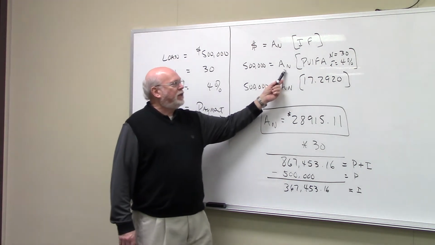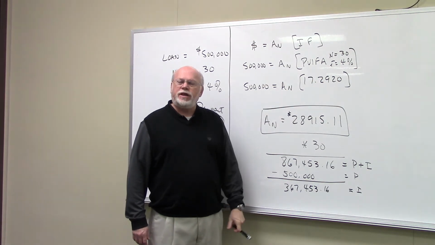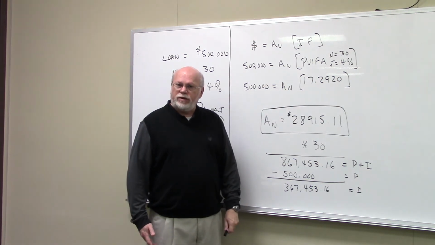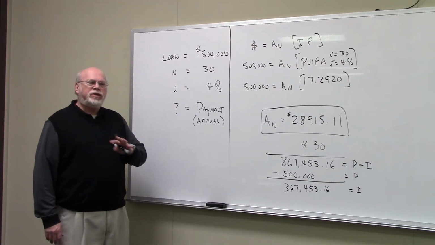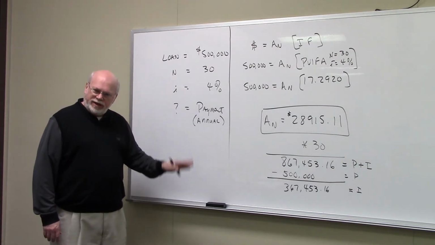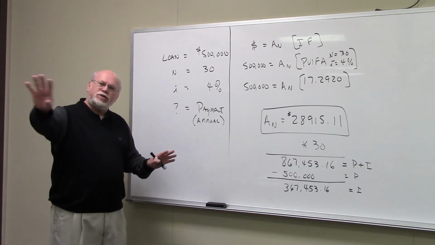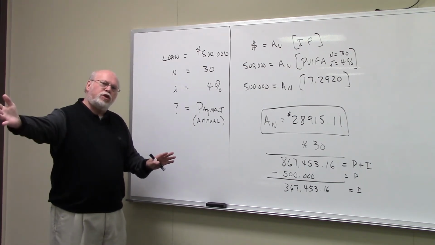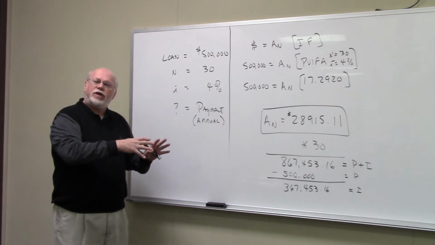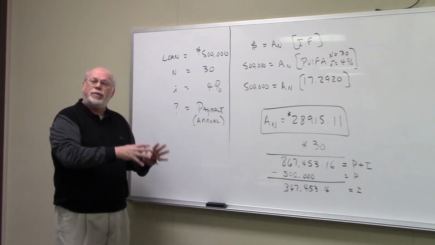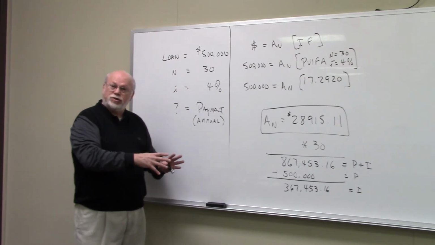And if you multiply the annuity times the appropriate interest factor, which in this case is PVIFA. Why is that? Because you get the $500,000 today, and the annuity goes out into the future. So the annuity would have to work back to the present. Therefore, we use PVIFA, the big dollar amount is at the beginning of the annuity stream.